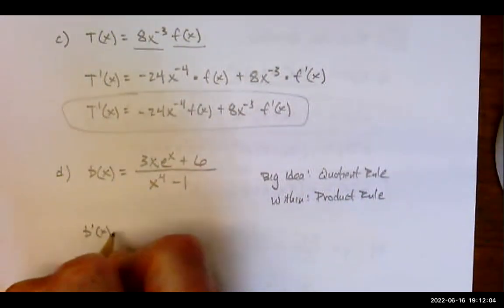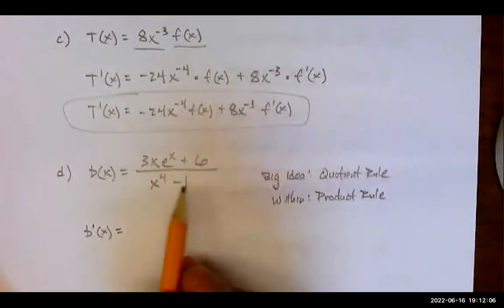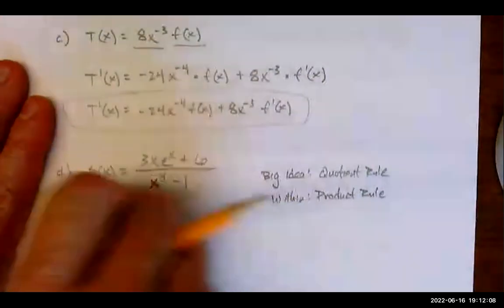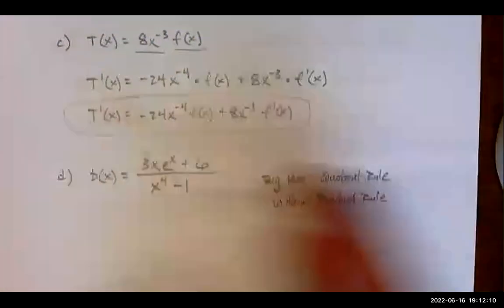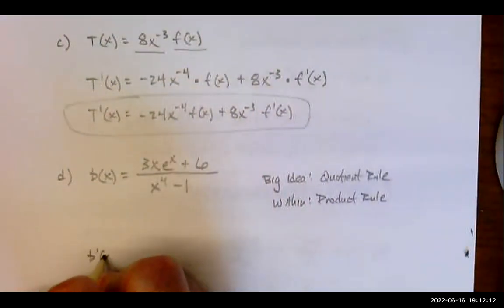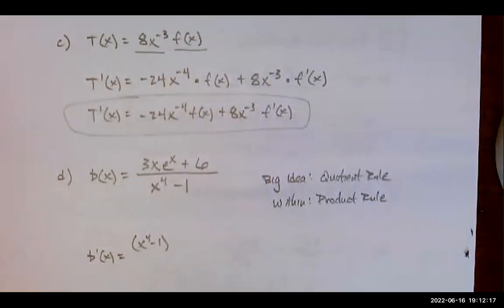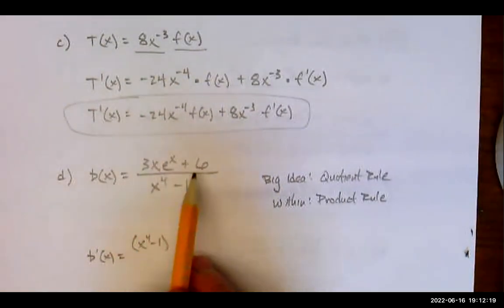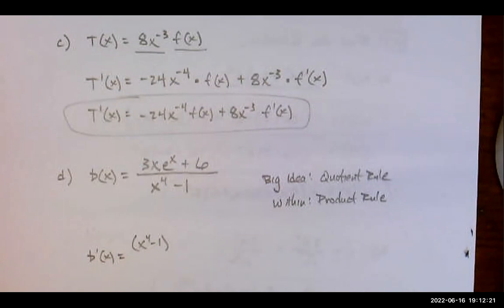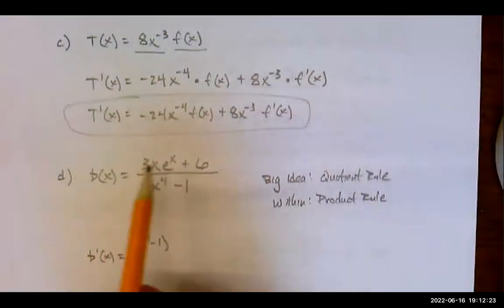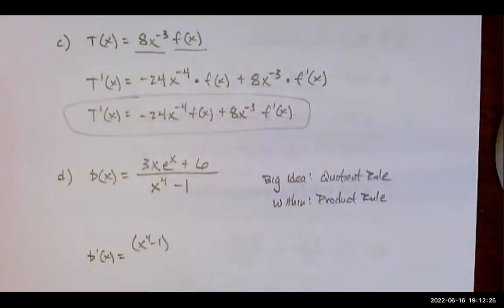B prime of x. So starting with the quotient rule, low, I'm going to put this a little bit lower. I'm not sure how far over it's going to extend. B prime of x, low, times the derivative of the high. Now, because that derivative of the high uses another rule, you might do that out on the side.